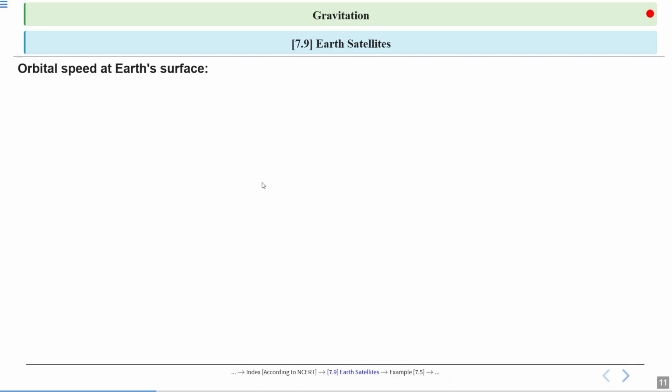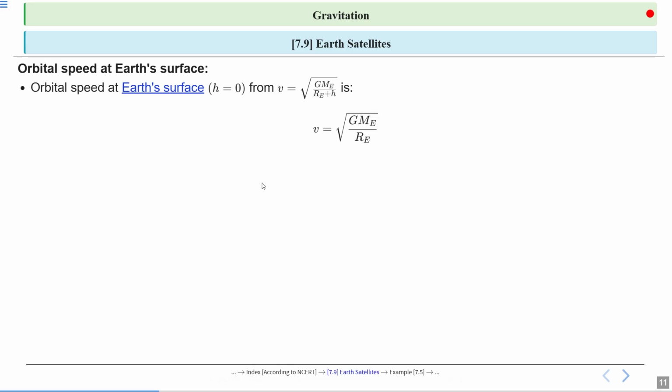Let's see the orbital speed at Earth's surface. So here h is equal to 0. From v = √(GMe / (Re + h)), we get v = √(GMe / Re).